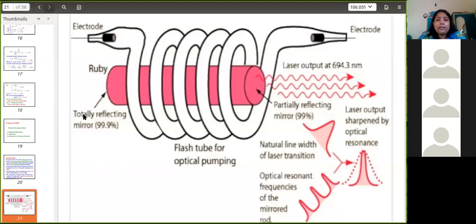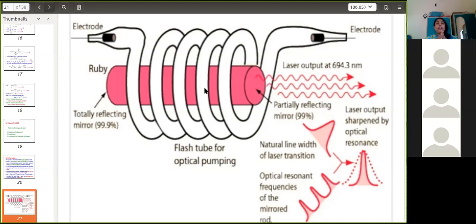So look at the ruby rod. The pink rod is the ruby rod. I will tell you the mechanism first for the basic principle how a laser works, and then I will tell you how the ruby laser works. So for a laser system, we have some components. It is already given in my note.